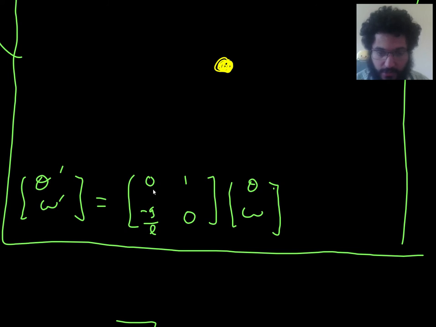The trace is 0. So if the eigenvalues were non-real, then they would be purely imaginary, because the trace tells you 2 times the real part, so the real part would be 0. So this is either purely imaginary eigenvalues, or it could be that the eigenvalues are real, in which case, let's see, if the eigenvalues were real, could you have the sum of the eigenvalues be 0?